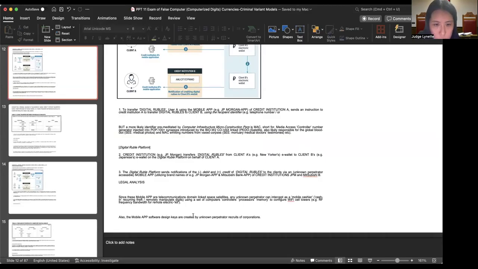Also, mobile app software design keys are created by unknown recruits of corporations. So what this means is that only the person that designed the application software and replicates it, he may have replicated it for different salesmen, attaching a slightly different name to the same mobile app that he replicated for different salesmen located in different countries.